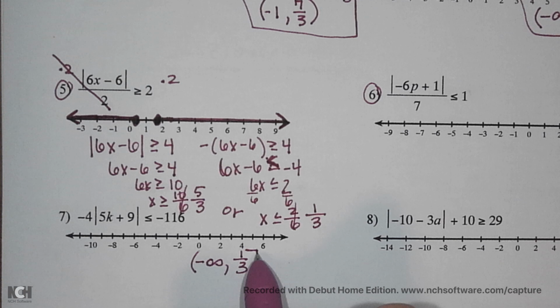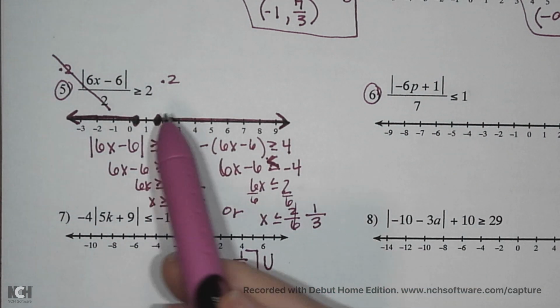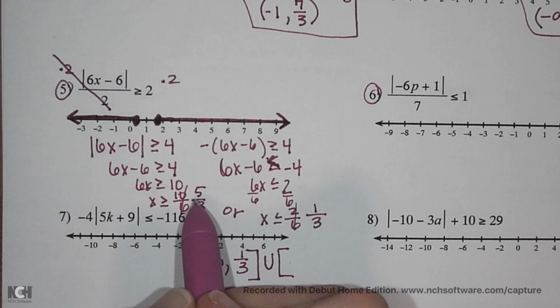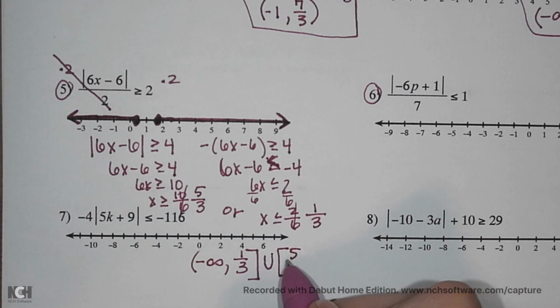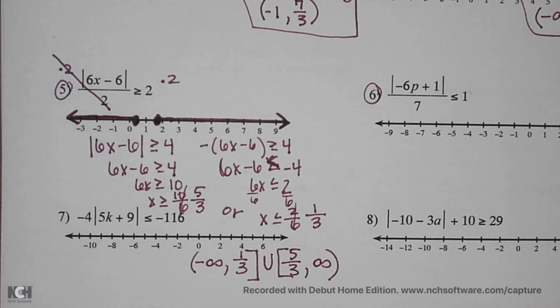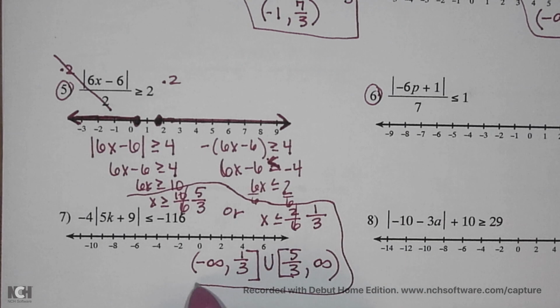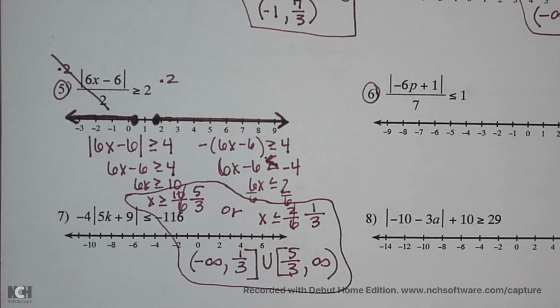So let's use our bracket. And then we write union. Another bracket here for our 5/3. And from there going up to infinity again. That is our whole answer. Kind of a little messy there. I hope you guys can read that okay.